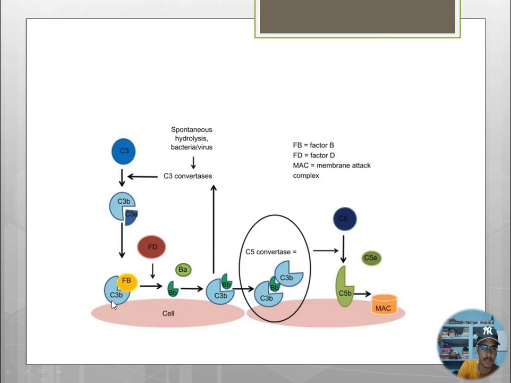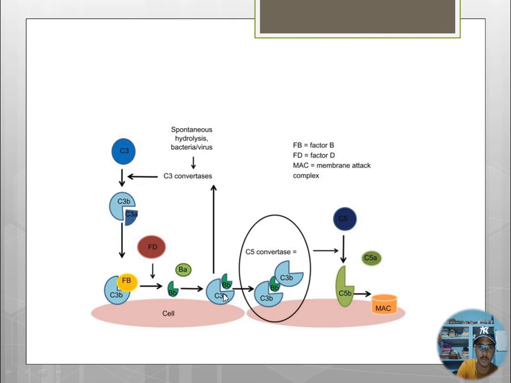Now, you can see that when C3b binds, then factor B attaches to it, and factor D cleaves the factor B into Bb and Ba. Now, at this C3b, the Bb is attached, and this is formed as the C3 convertase. Okay, so it converts more C3 into C3b and recruits more C3.